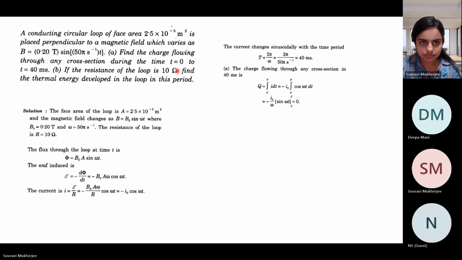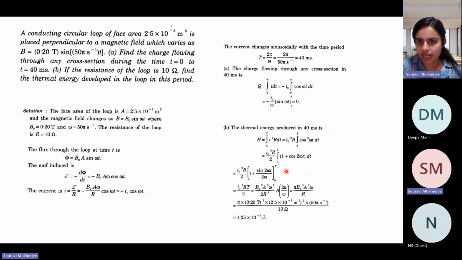And now you also know the resistance. Now you want to find the thermal energy, right? So how is energy or heat related to current and resistance? We know this, right? It's given as I square R t. I square R is the heat that is generated, Joule's heating effect. And then you can find the net energy by doing an integration over time.